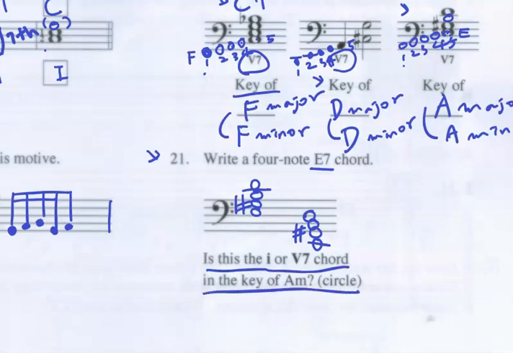Circle 1. Is this 1 or 5-7? So in A minor, the 1 chord obviously has to start with A, right? So this is A minor, and E7 chord is 5-7 chord, dominant 7.